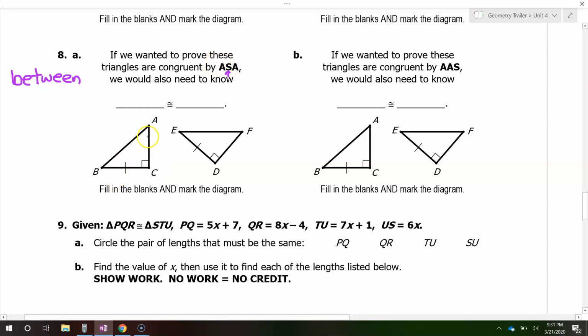So I need to pick another angle, but I need to pick it so that the side is between the two angles. That is really important. Okay, so I already have one angle right here. Let's say if I were to foolishly pick this as my other angle, then these would be my two angles, and then this would be my side between. But this is the wrong side because I need it to be this one.